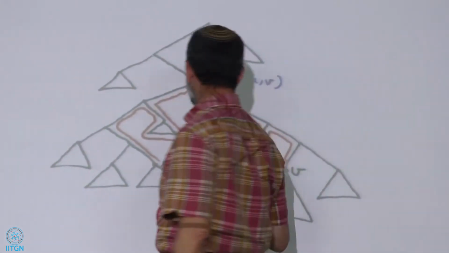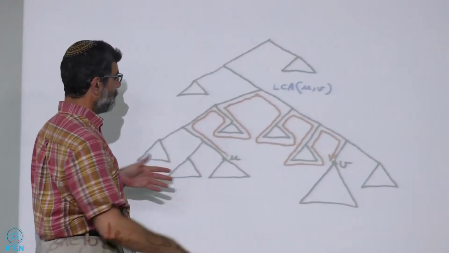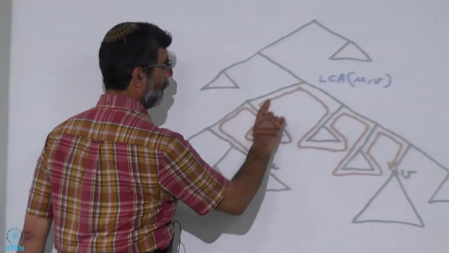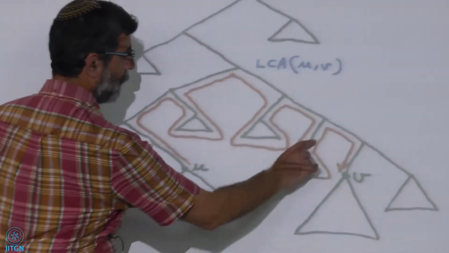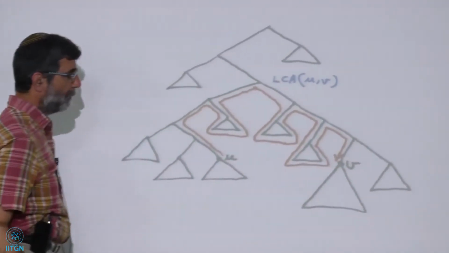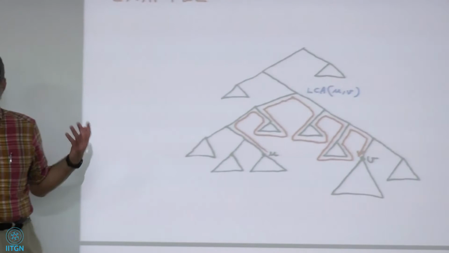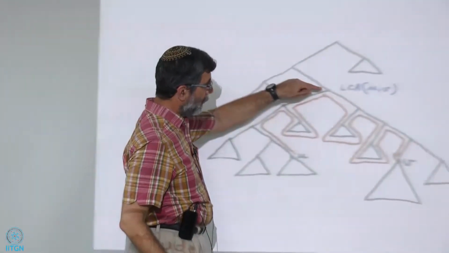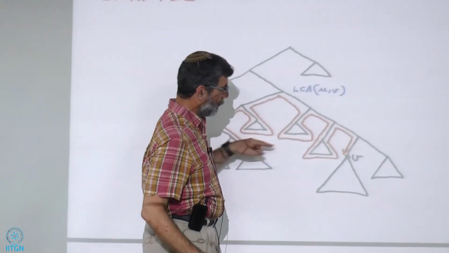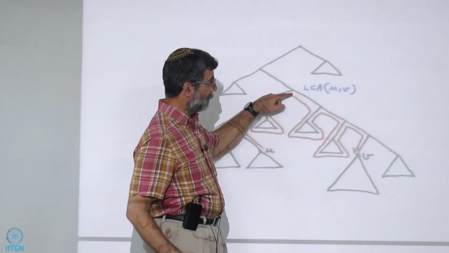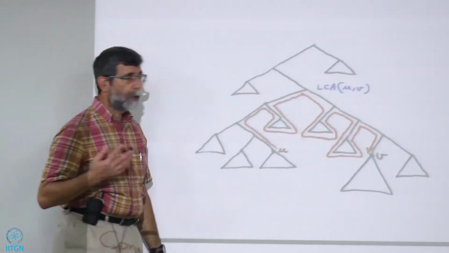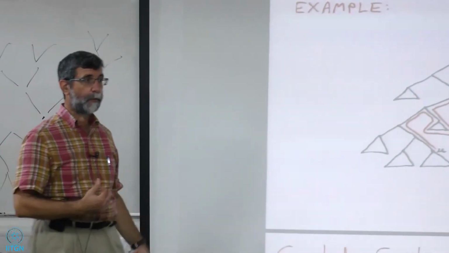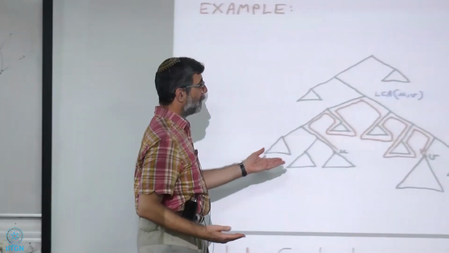Since U is to the left of V, once we came up from U in the Euler tour, we follow whatever path we follow, and then at some point we get to V. So what's the highest point that you can reach? The highest point between RU and LV is going to be this particular point, and by definition it is the LCA of U and V. That's the highest point that you can reach.